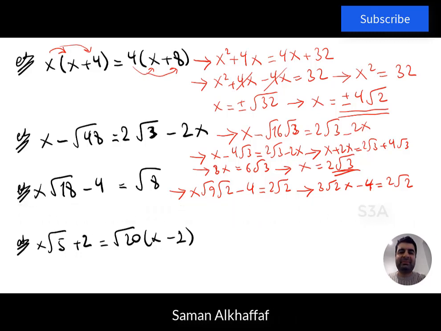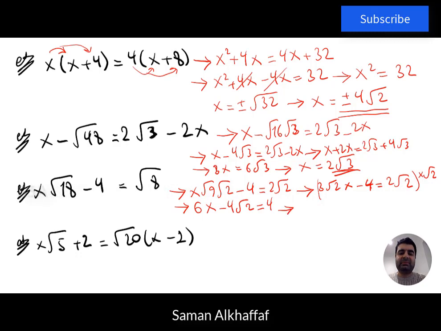Now we can simplify this even further by multiplying and making the terms simpler. If we multiply everything by root 2, that would give us 6x minus 4 root 2, that's if we multiply both sides of the equation by root 2, equal 4 on this side of the equation.